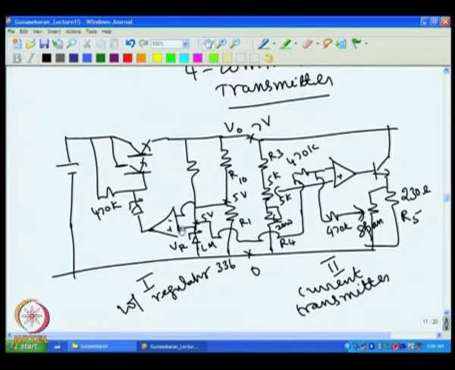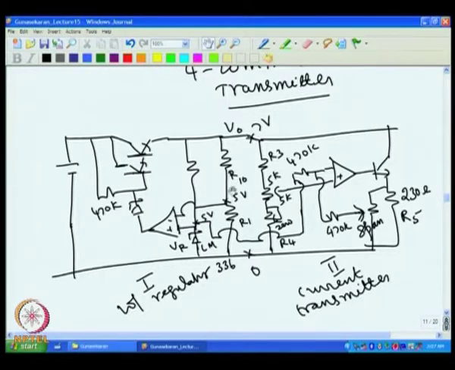If I use, for example, a simple op amp like LM324, there is an offset voltage drift of 15 microvolt per degree C. So if the offset voltage drift is to be considered, I assume that the voltage change expected at this point is 15 microvolt per degree C. For 100 degree C, a 1.5 millivolt change is expected here.